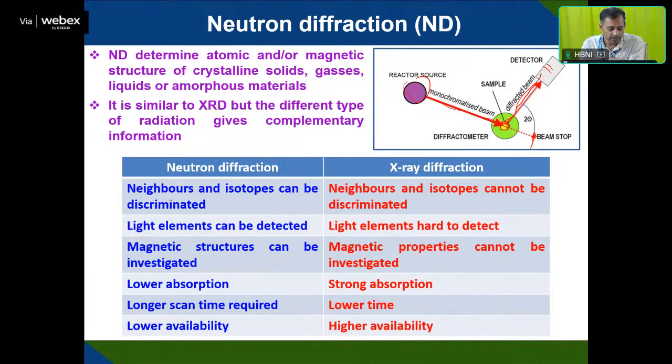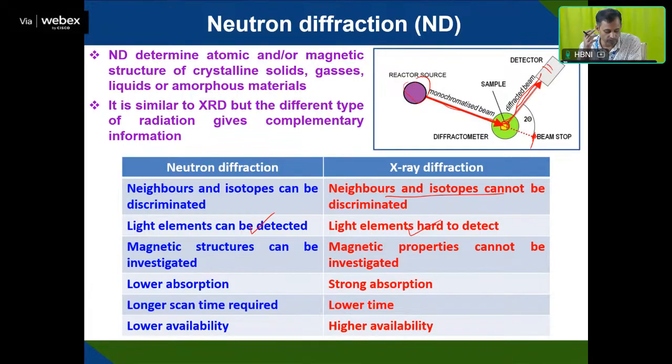In the case of neutrons, neighbors and isotopes can be discriminated. Like cobalt 60 or 59, that difference you can identify using the neutron diffraction technique, but in XRD you can't do isotopic detection. Light elements like carbon and hydrogen can be detected here, which is hard in XRD. Magnetic structure, as I told you, ferromagnetic or antiferromagnetic, you can get in neutron diffraction.